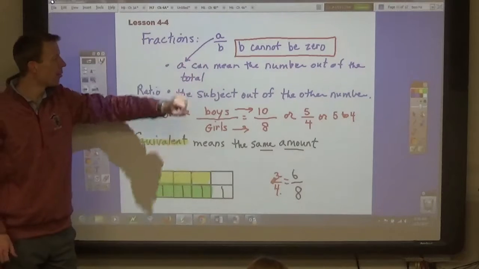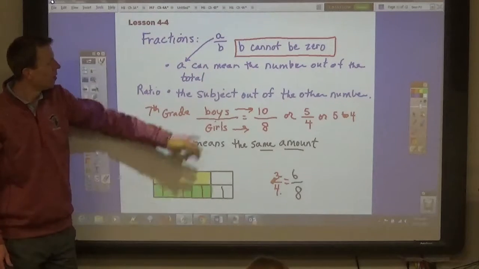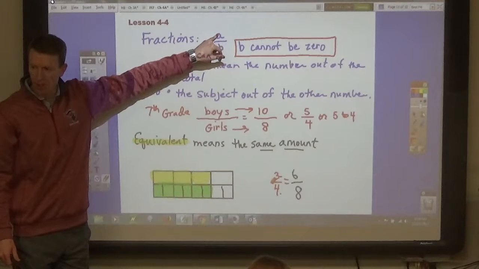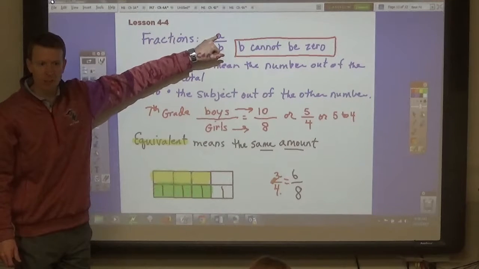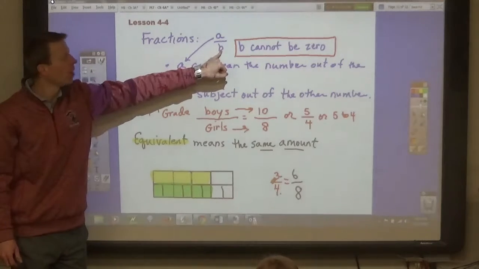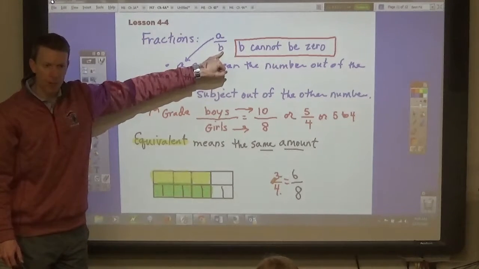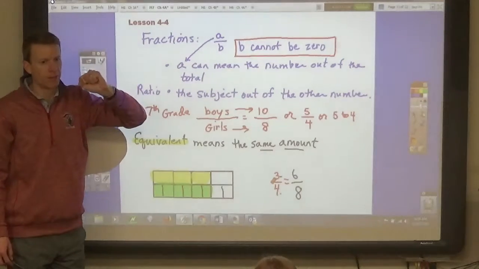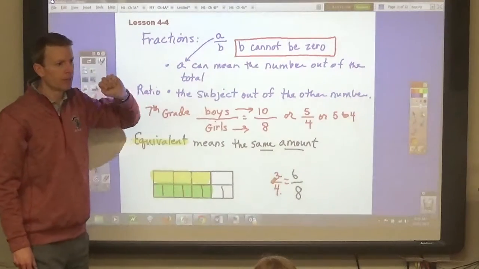A fraction is a ratio where you have a whole number written over another number, where the bottom number, called the denominator, cannot be 0. Okay?